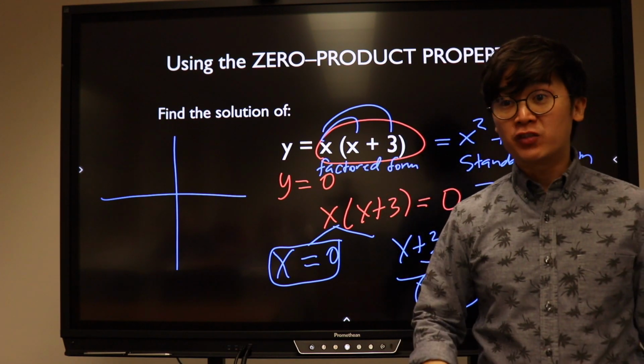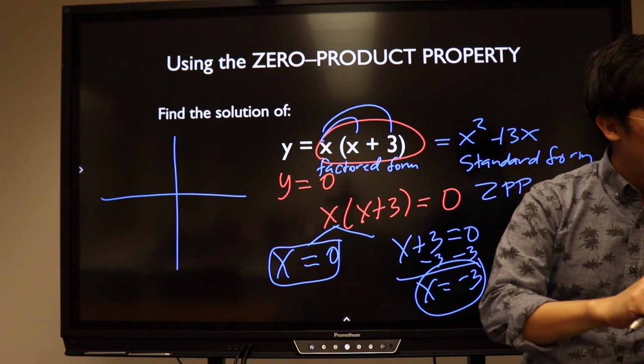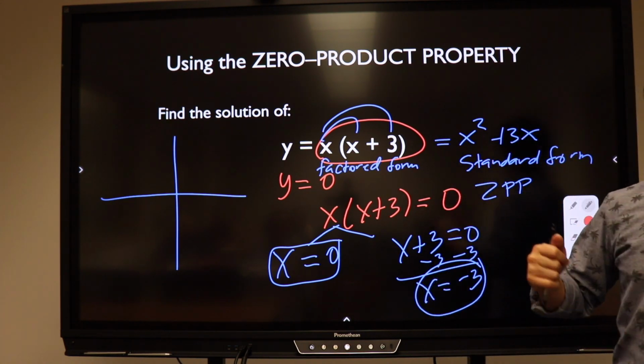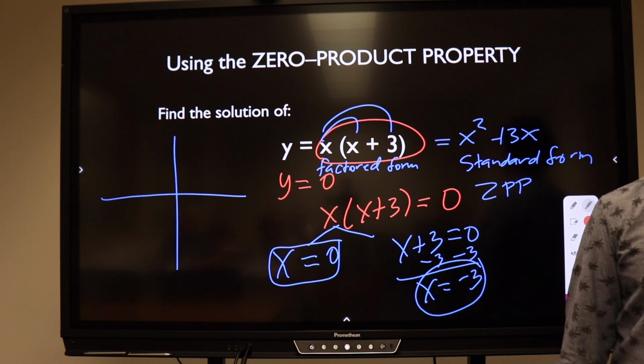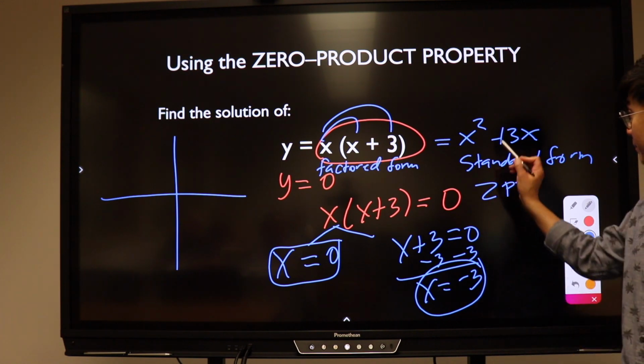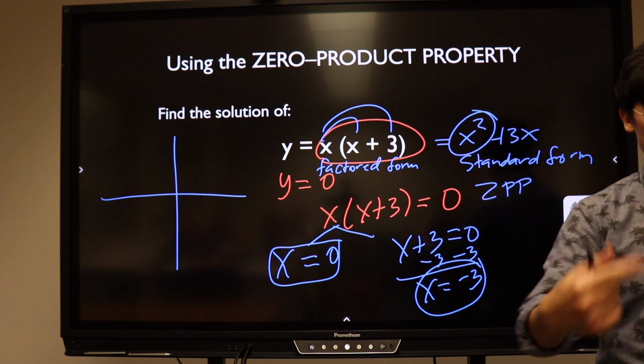When you're looking at the factored form, guessing if the parabola is opening upward or downward can be a little bit challenging. But if you change it into the standard form, can you now confidently say how it's opening? Upward. Why is it upward? Yeah, because the quadratic term is positive.